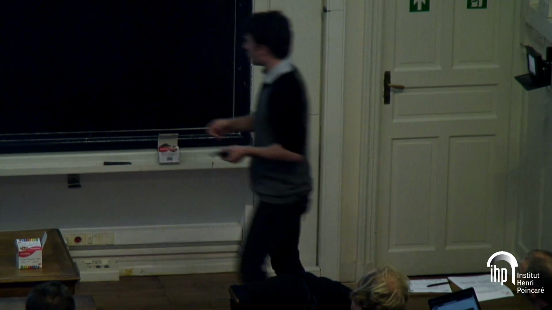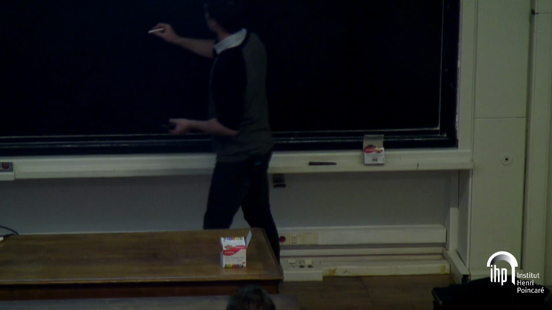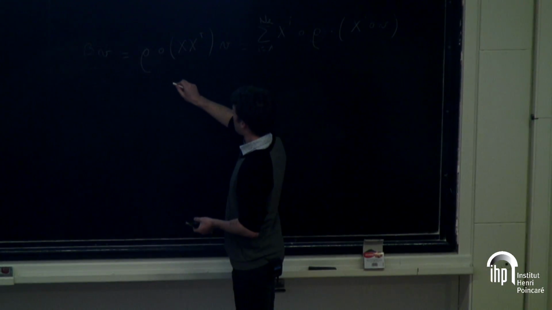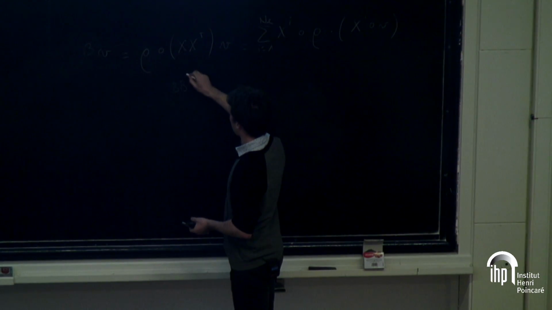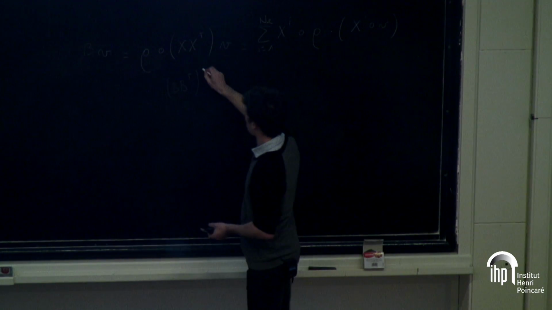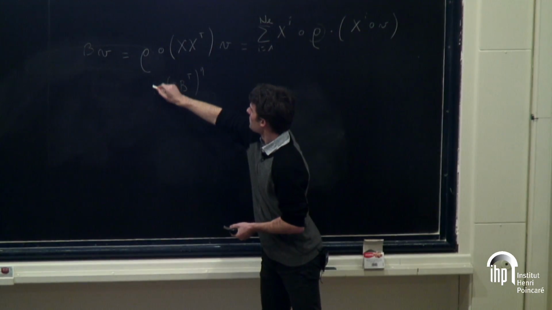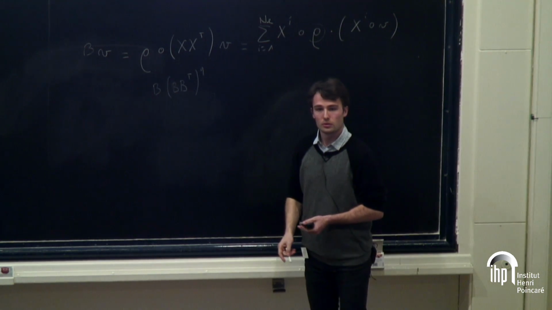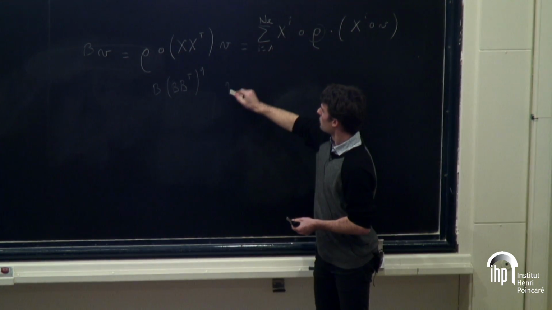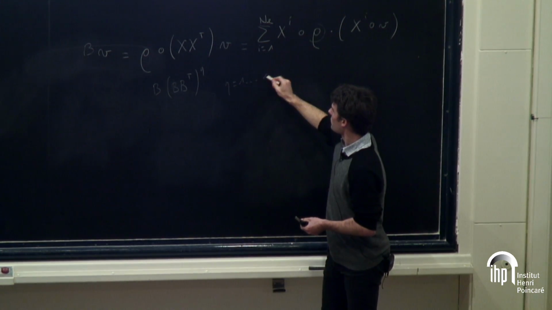In fact, what you do is compute the SVD of B times BBT to the power Q, for some Q equal, let's say, 1 or 10.